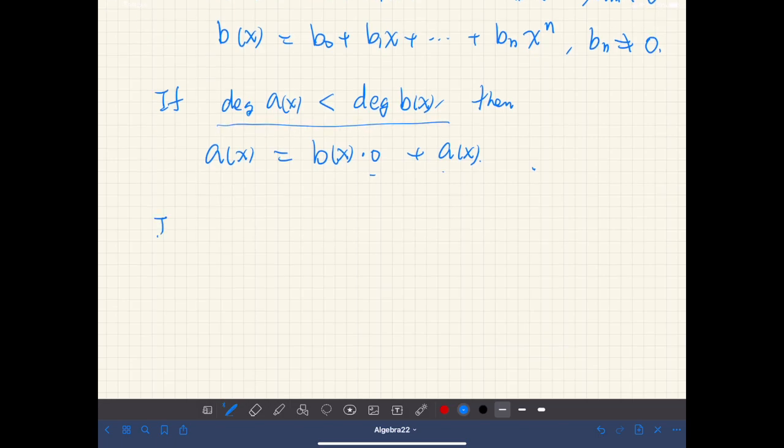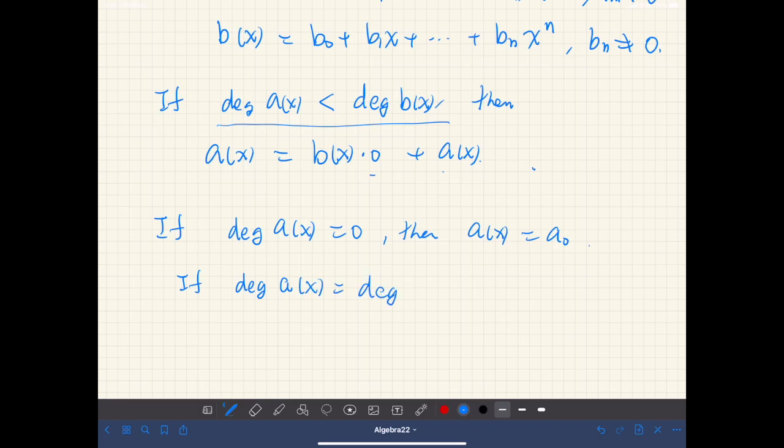And then if the degree of a of x is 0, then a of x is something like a0. And if the degree of a of x is equal to the degree of b of x, then that means b of x is also a constant.